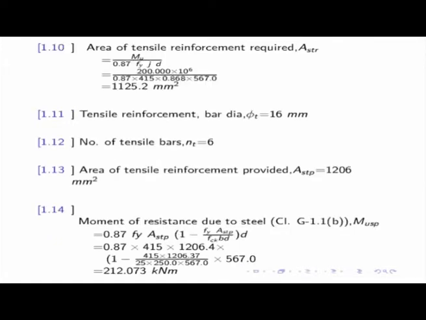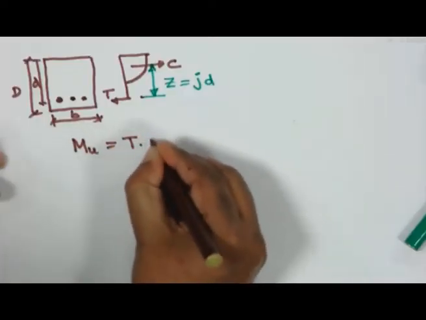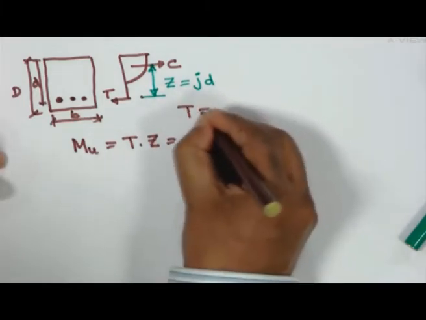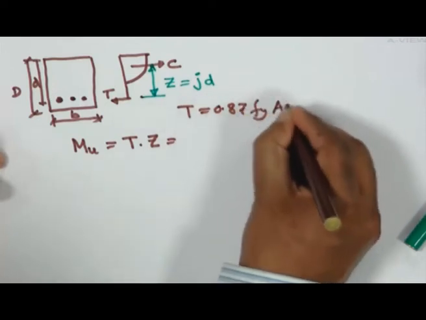So coming to this, I can use this formula: Mu equal to T times Z. T is how much? 0.87 fy Ast.